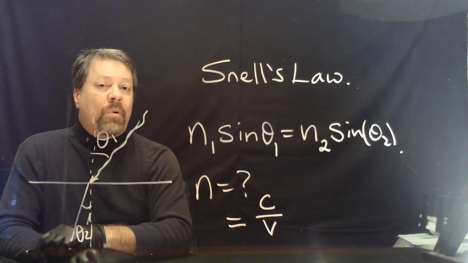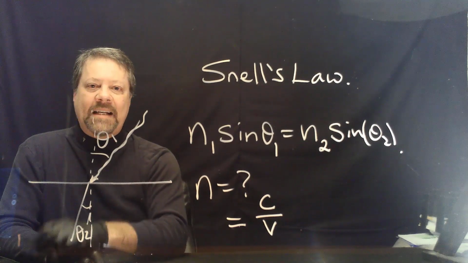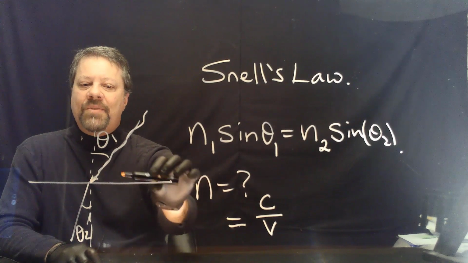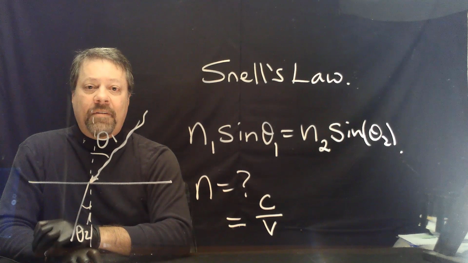For a mirage, you don't have a single index of refraction because you don't have a nice simple surface. There's no one single surface, which is the boundary between two substances having distinct indices of refraction.